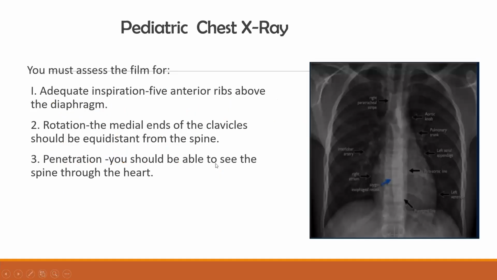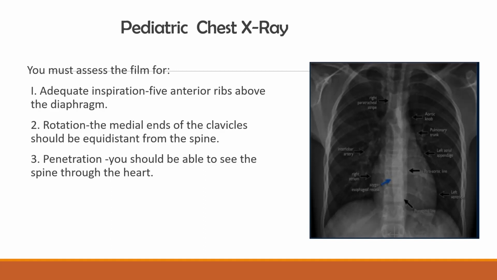So you know the pediatric X-ray, when we see that, first of all we should see how the X-ray is. Is penetration proper, is rotation normal? But never ever ask these questions in the exams.